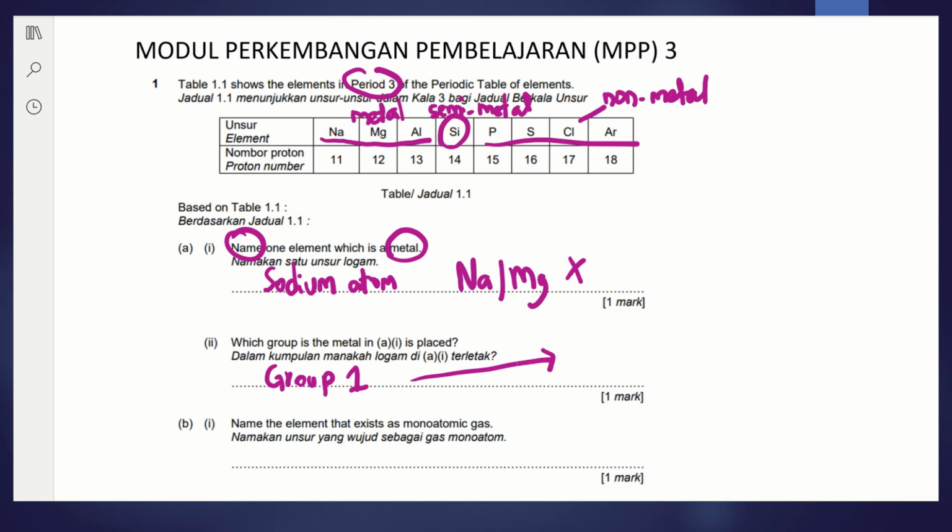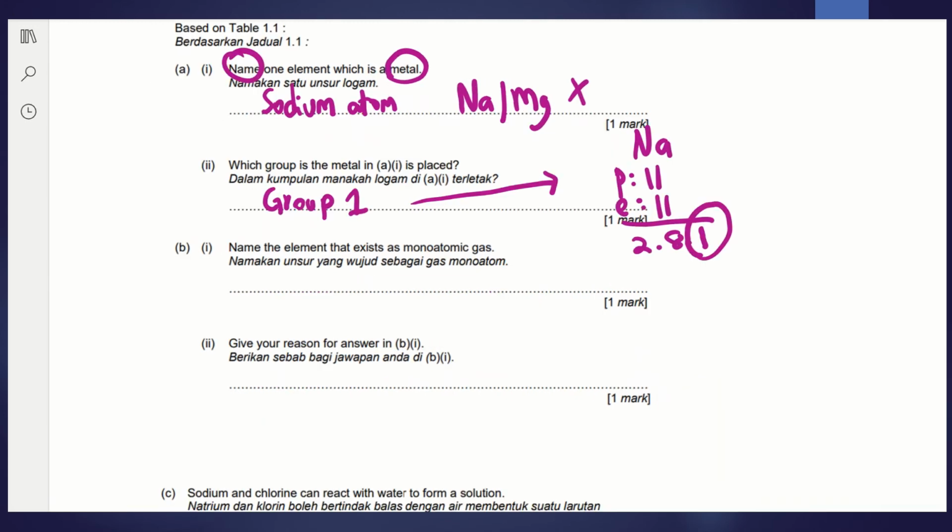The proton number for sodium is 11, meaning that sodium has 11 electrons. So the electron arrangement is 2.8.1. The 1 refers to the valence electron, indicating the group number. So sodium is in group 1.